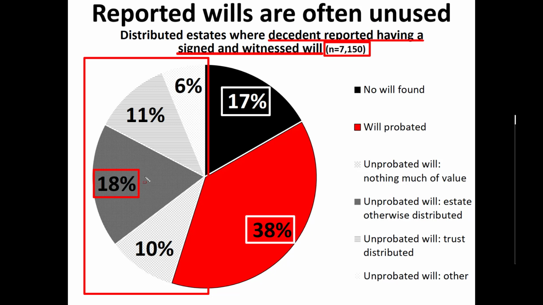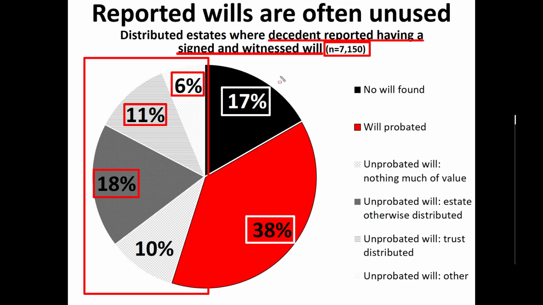Or the estate was in a retirement account that had a beneficiary designation, or a life insurance policy that had a beneficiary designation. And so the will document doesn't control any of those things unless the beneficiary designation says the beneficiary is the estate. Or maybe it was controlled by some other trust type of document. Or maybe the assets didn't have titles that needed to go through a probate process to be changed.